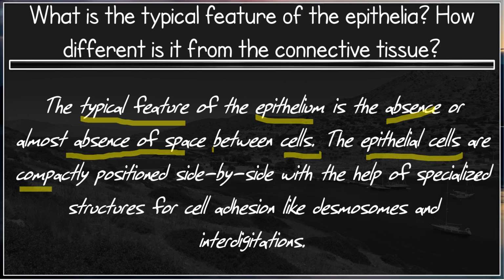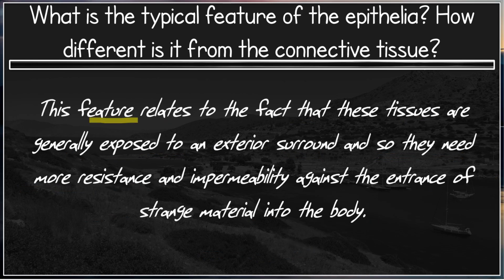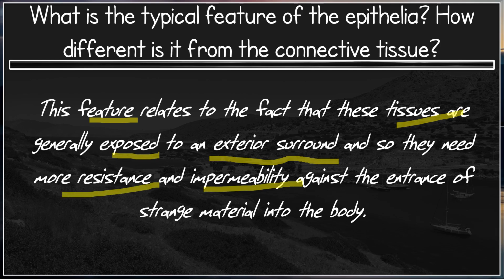Epithelial cells are compactly positioned side by side with the help of specialized structures for cell adhesion, like desmosomes and interdigitations. The feature relates to the fact that these tissues are generally exposed to an exterior surrounding, so they need more resistance and impermeability against the entrance of strange materials into the body.